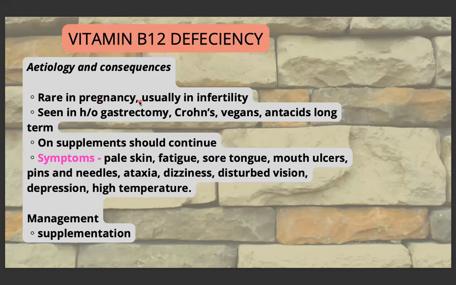Even though it's rare in pregnancy, and most of these patients will be infertile, sometimes it happens, especially in patients who have a history of gastrectomy, Crohn, vegan, long-term antacid. So you always find pale skin, fatigue, sore tongue, mouth ulcer, pins and needles sensation in their hands, ataxia, dizziness, disturbed vision, and depression. And sometimes when you measure their hemoglobin, you find it's normal, but this is due to vitamin B12 deficiency, with the same signs and symptoms of anemia.